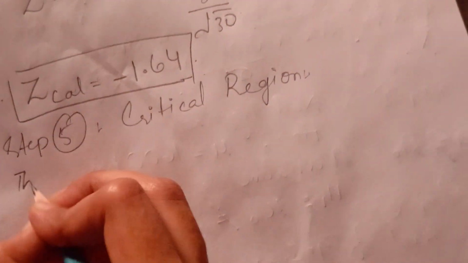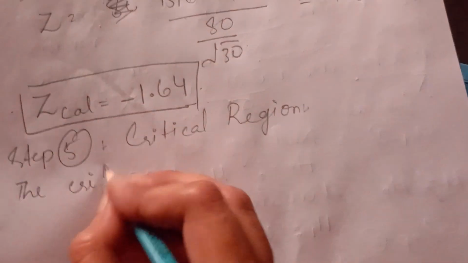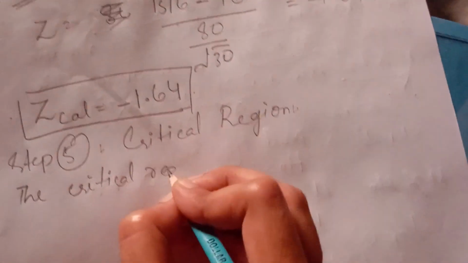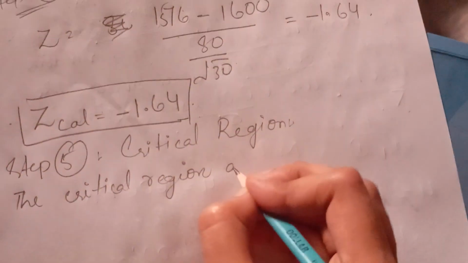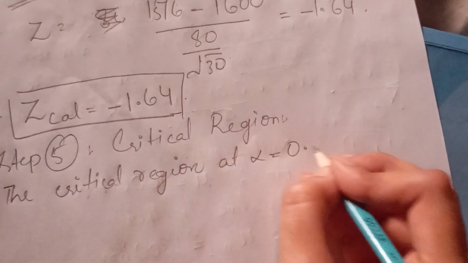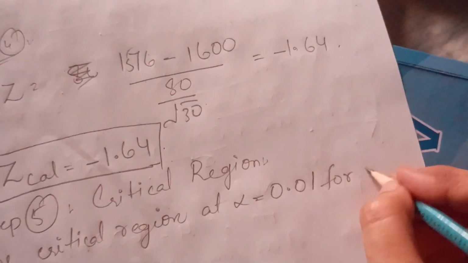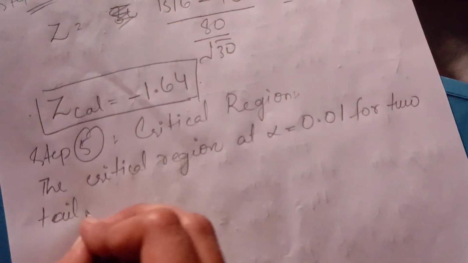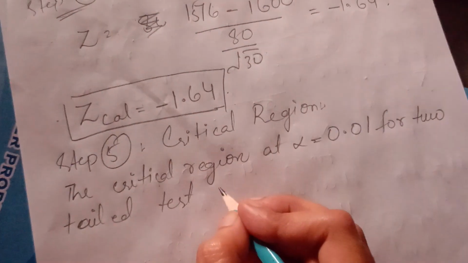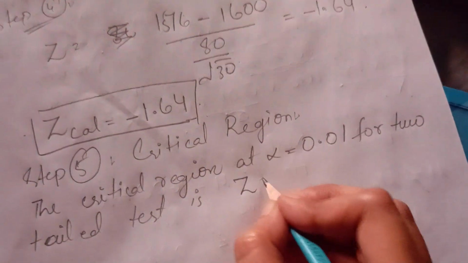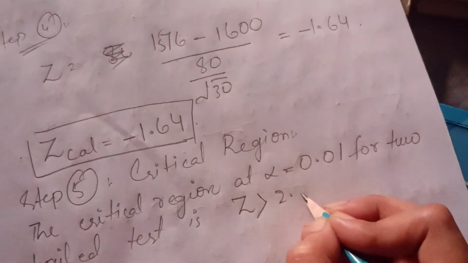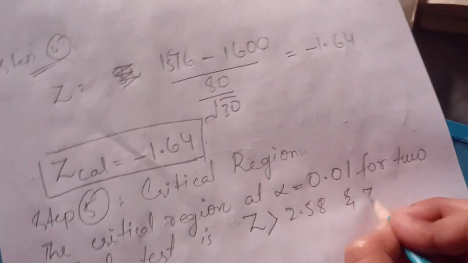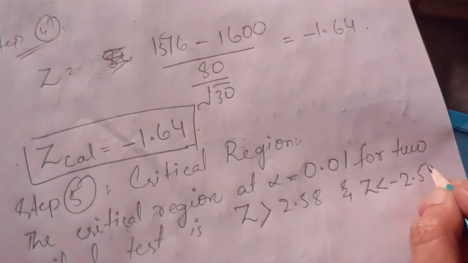Okay, how is it drawn? We write the critical region at level of significance 0.01 for a two-tailed test: z is greater than 2.58 and z is less than minus 2.58.